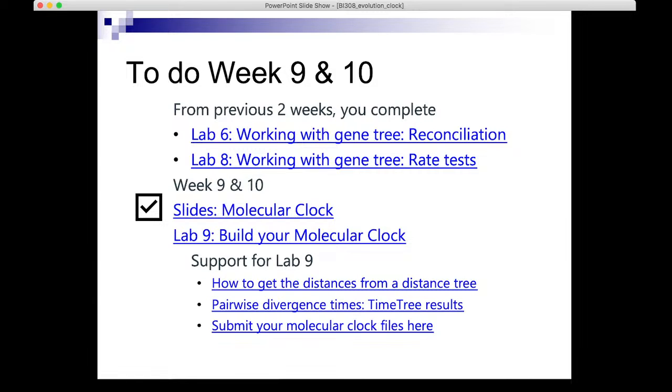And so build your molecular clock is the main thing that you're going to do, and then there's a couple of help files or help pages in your Canvas about how to get the distances from a distance tree, and then how to work with the pairwise divergence times. Okay, so at the end of next week you're going to want to be submitting your molecular clock files.